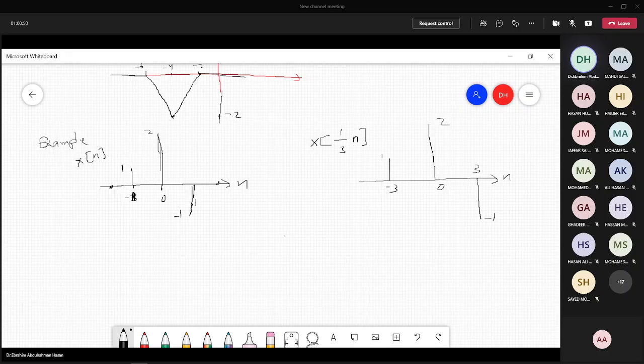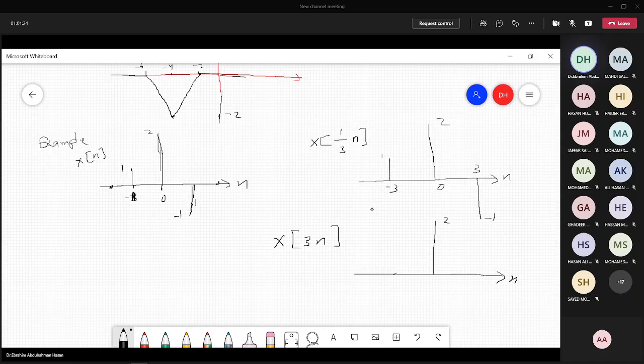But let me shrink it, x of 3n. So whatever we have at 1, we should get it at 1 over 3. Whatever we have at 0, we'll get it at 0. And whatever we have at -1, we should get it at -1 over 3. But -1 over 3 is not an integer, and discrete is working with only integers.